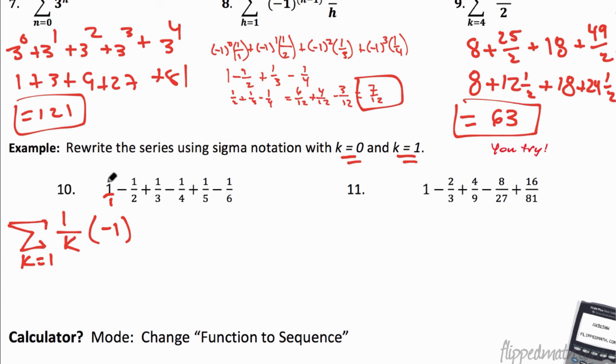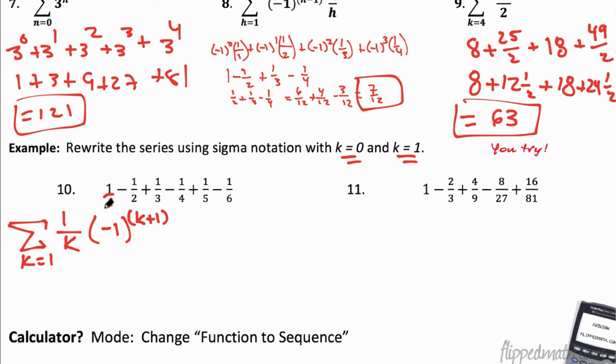When k is 1, this thing has to be positive. So I plug a 1 in there. With that negative 1, it's not going to be positive. So I'm going to go like this, k plus 1. Ta-da! What that's going to do is make the exponent on negative 1 positive. Because when k is 1, I plug it in, you're going to get an exponent of 2. So it's negative 1 squared. That becomes positive. That gives me my first term.